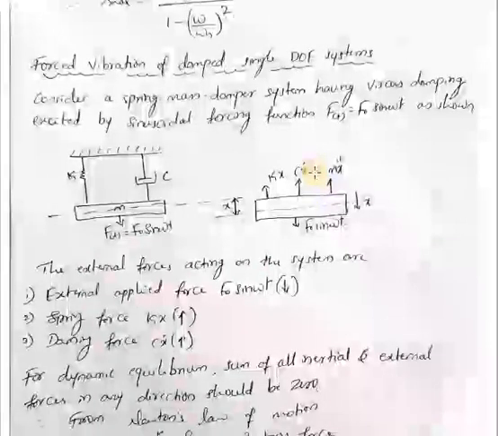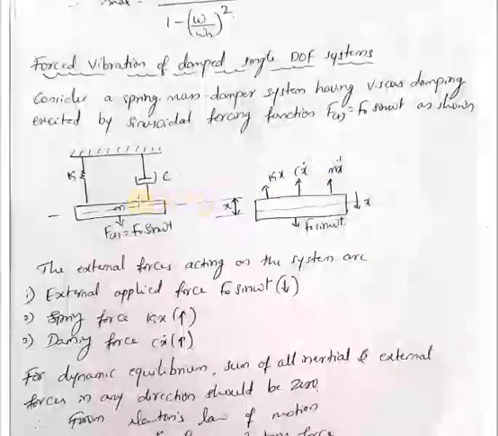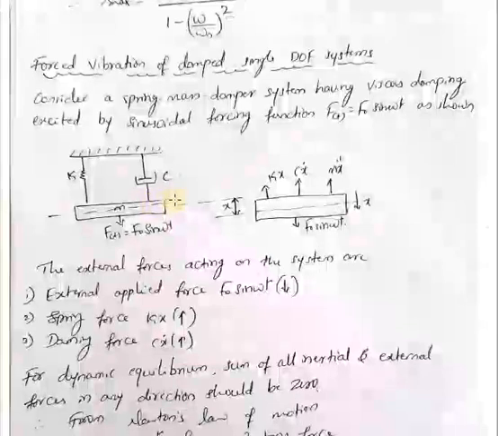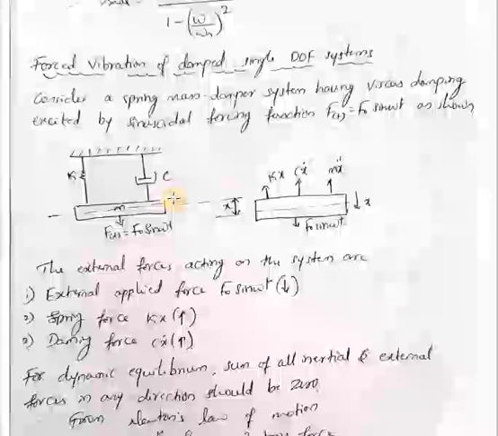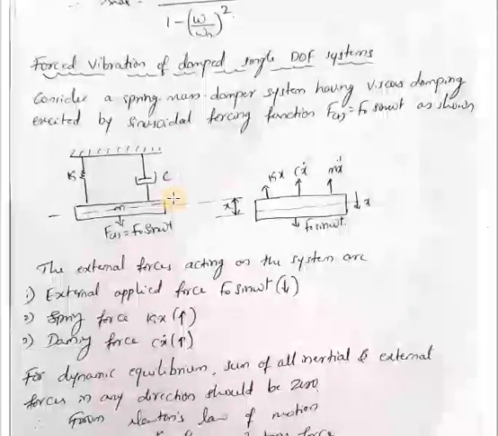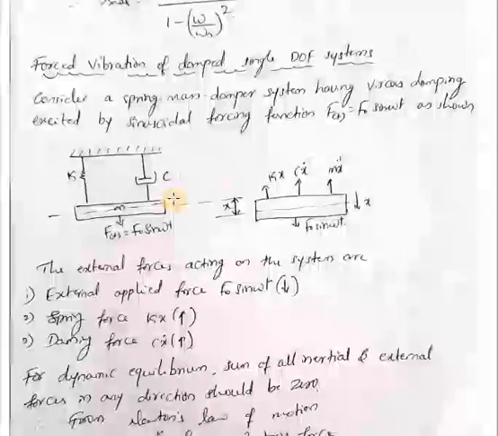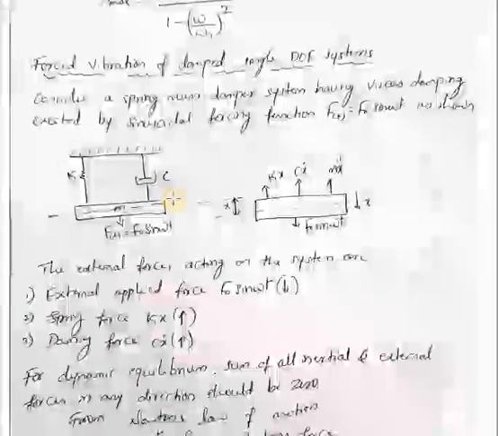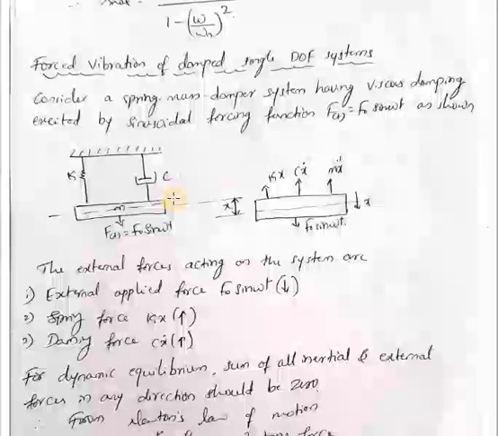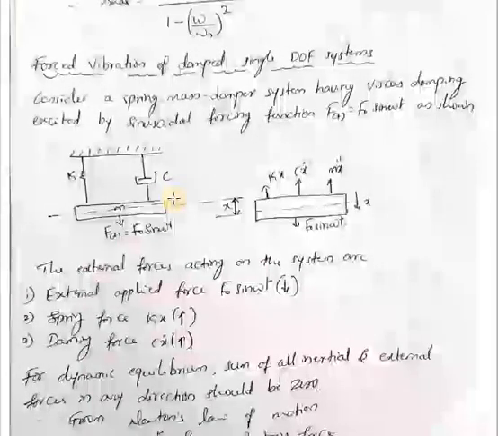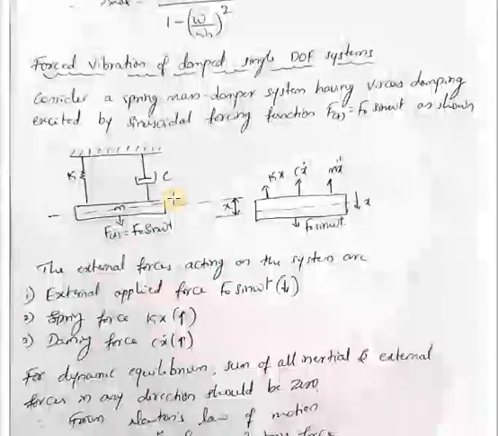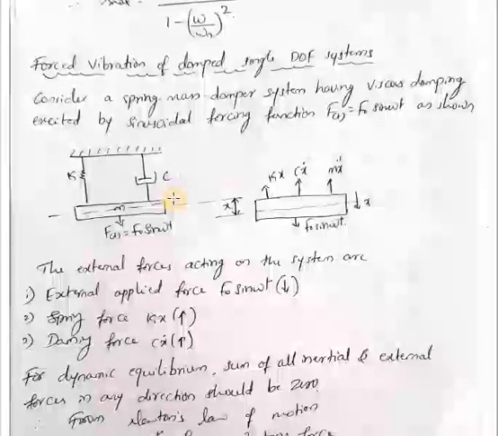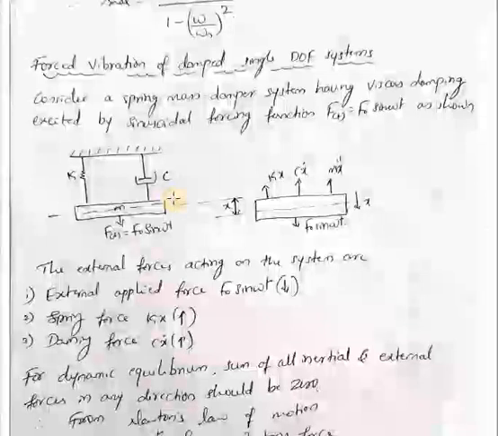Okay, so here this line shows the level of equilibrium under the weight of the body. Let the mass m be displaced from the static equilibrium position through a distance x in the downward direction. If you are giving the initial displacement to that mass, definitely some external forces will act on that body.